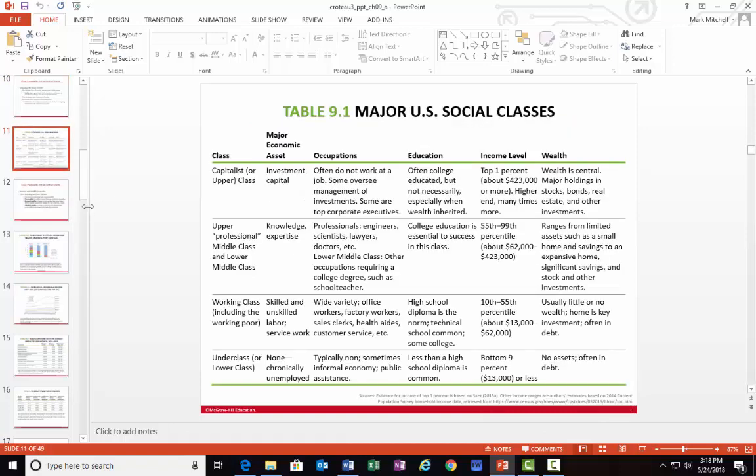Our next slide gives you a further description with some details. If you want to stop the recording here, you can look at this for a minute until you're ready to go on. You can see lots of descriptions under these classifications in terms of what type of occupation somebody would have, what type of education level they have, and something about their income and wealth.